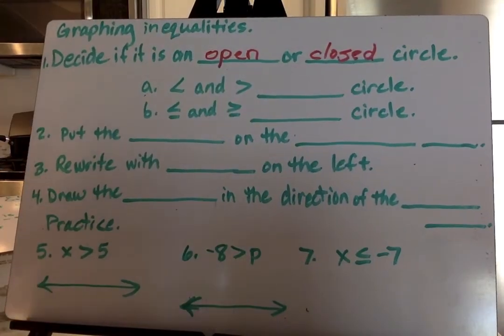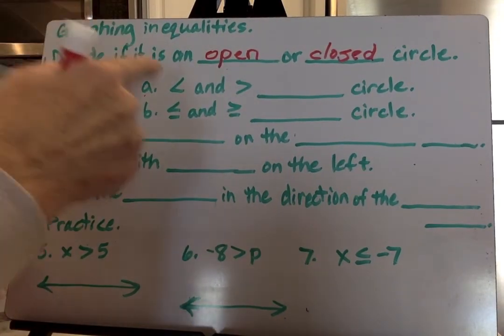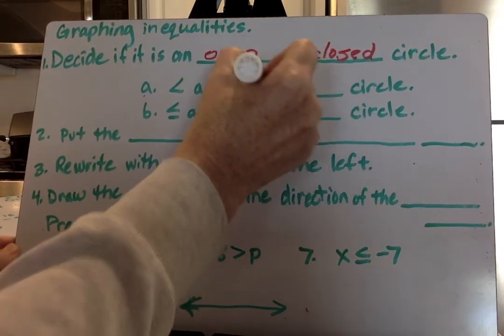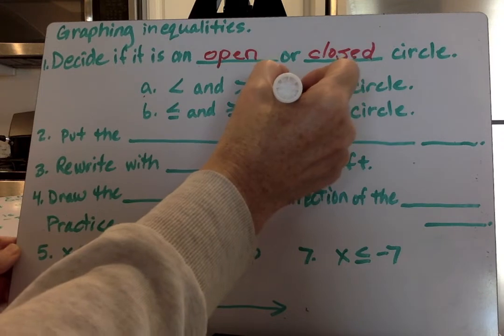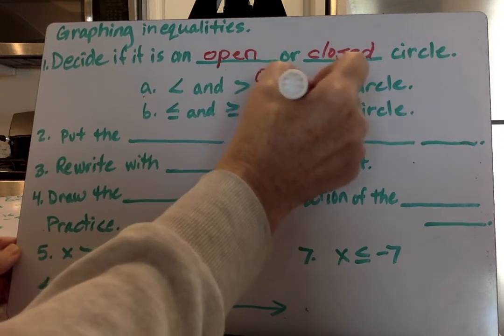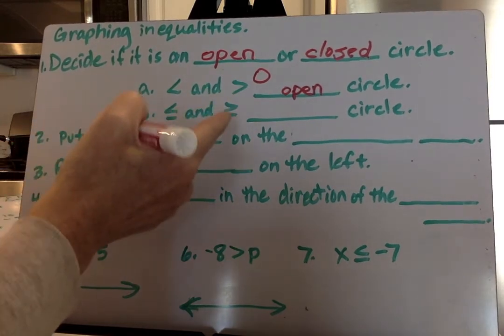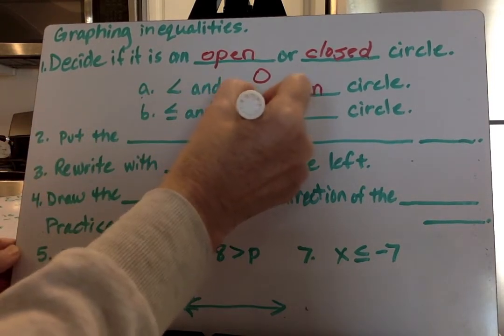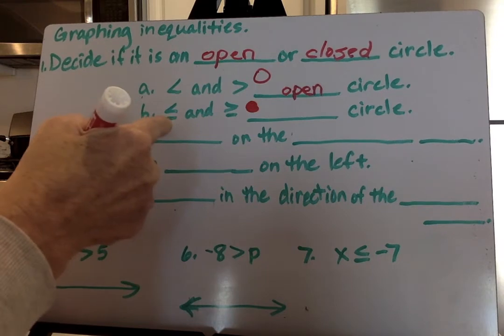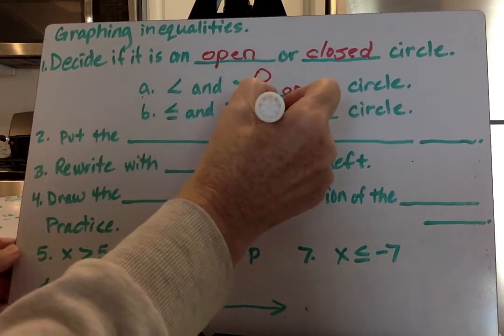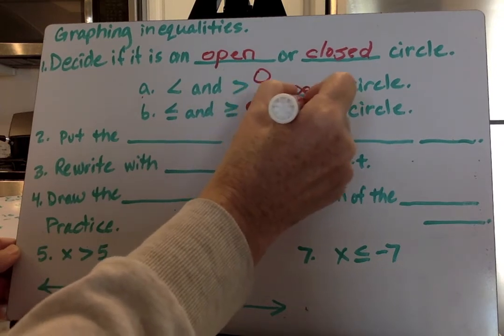The way I remember that, greater than and less than take less ink, so it's going to be an open circle. Okay, this one, less than or equal to, greater than or equal to. See how it takes more ink or more lead to do the or equal to, so that's a closed circle.